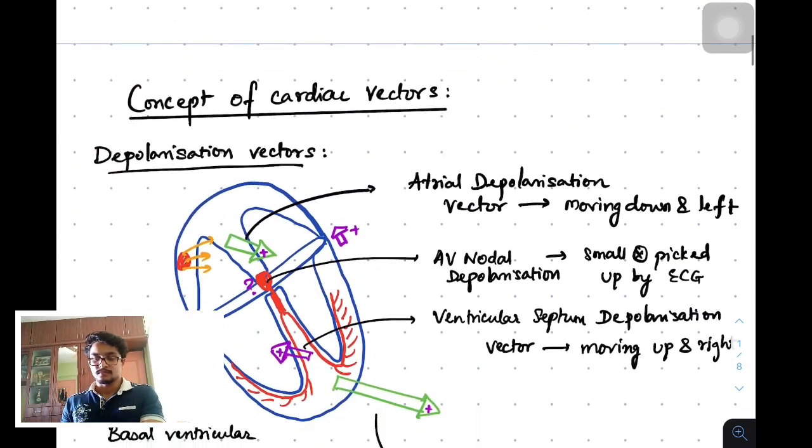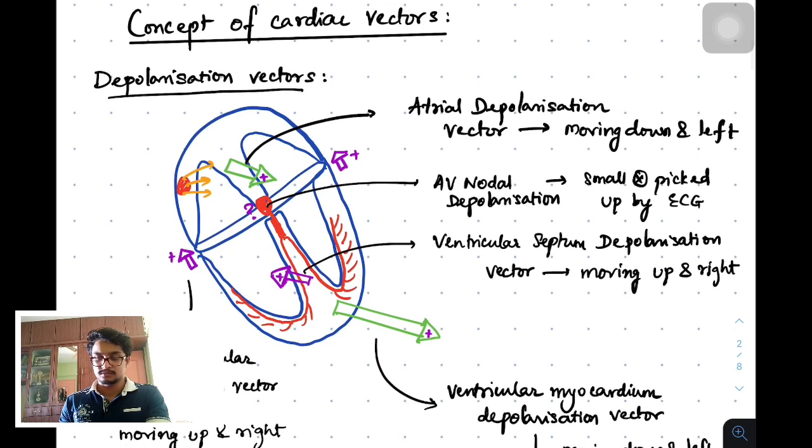Now we'll talk about the concept of cardiac vectors. The cardiac vectors are of 2 types. First is a depolarization vector, next is a repolarization vector. Depolarization vectors are positively charged because, as we have seen in the previous video, depolarization means there is influx of cations.